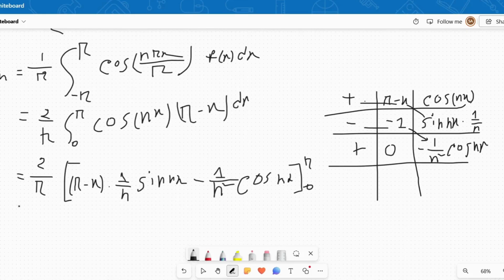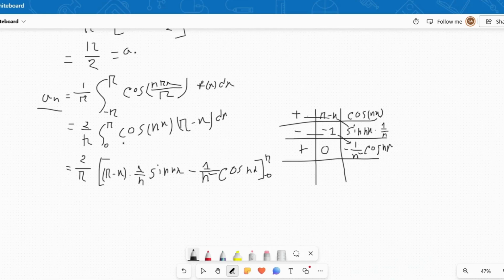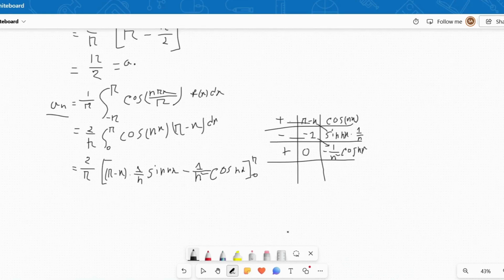Sorry for the mistake. We just plug in the value 0 to pi. Then we find an. We already found a naught. After we find the value of an, we put all the values into the main equation of the Fourier series.